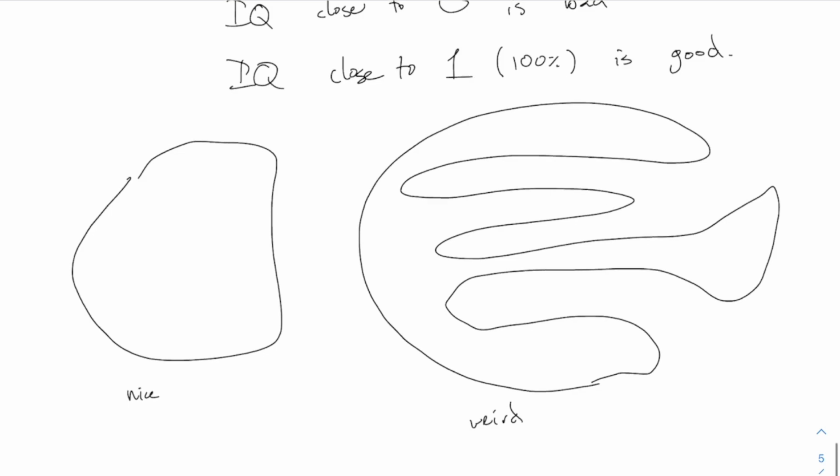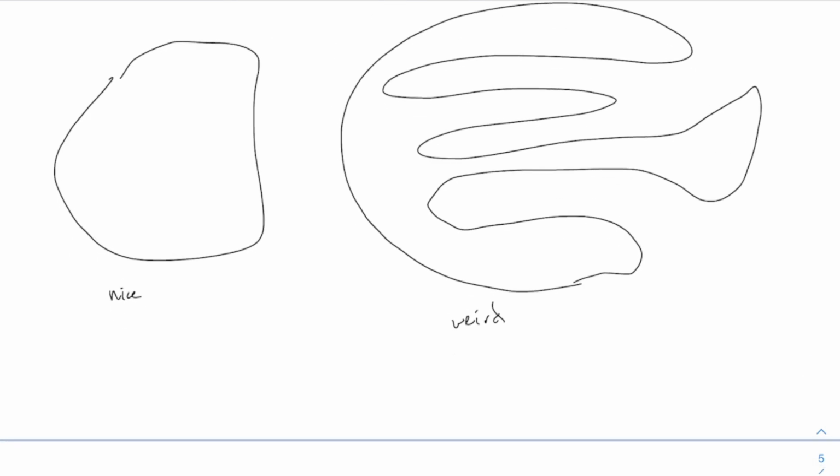And what I would like to notice here is that a nice shape, the perimeter is not so big. Whereas my weird shape does not have much more area than the one on the left, but it has much, much more perimeter.